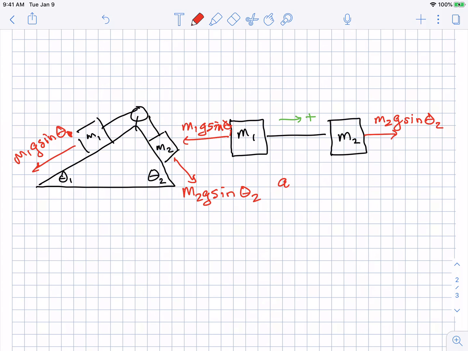So we've got the acceleration equals M2G sine theta 2 minus M1G sine theta 1 divided by M1 plus M2. Hope this was helpful.